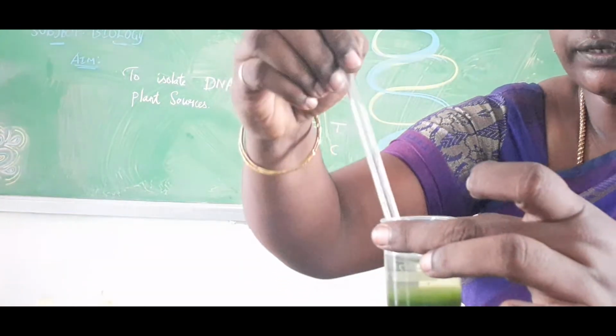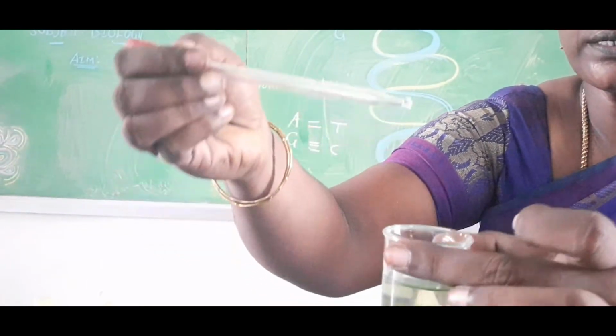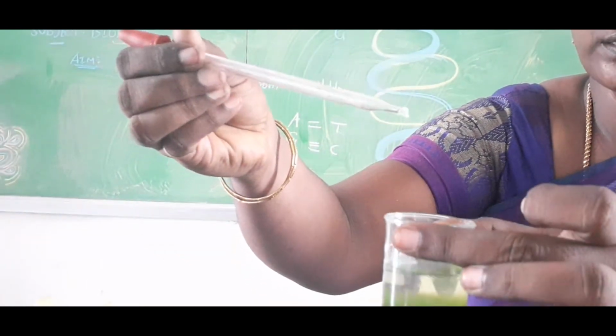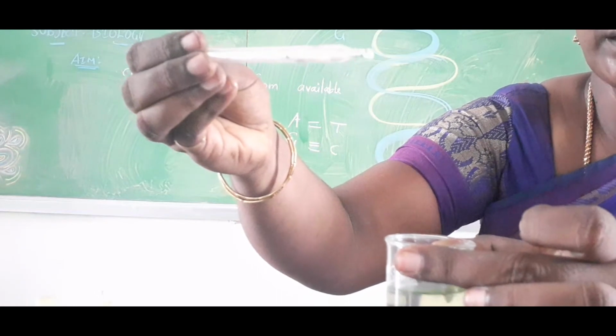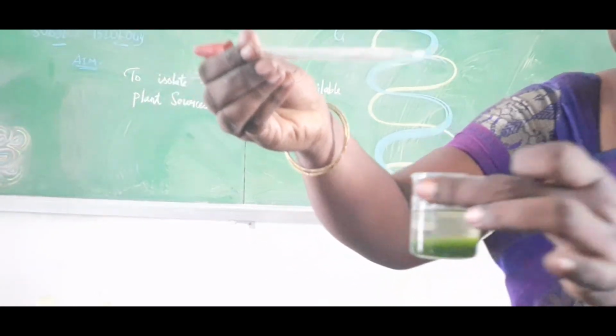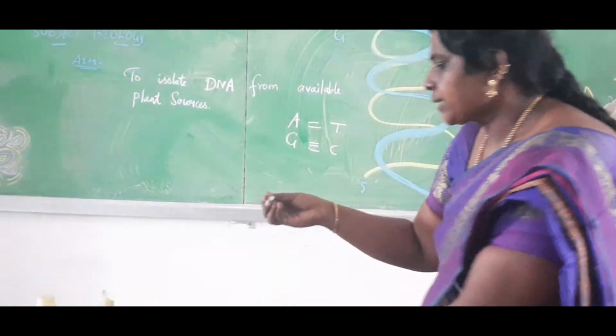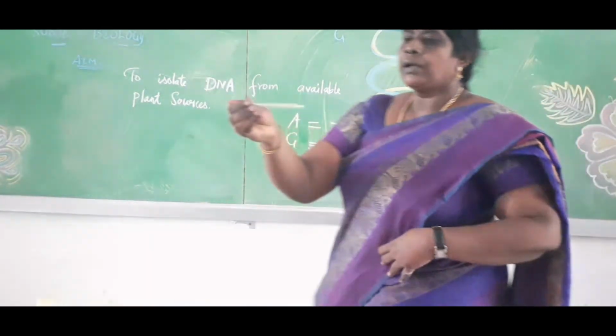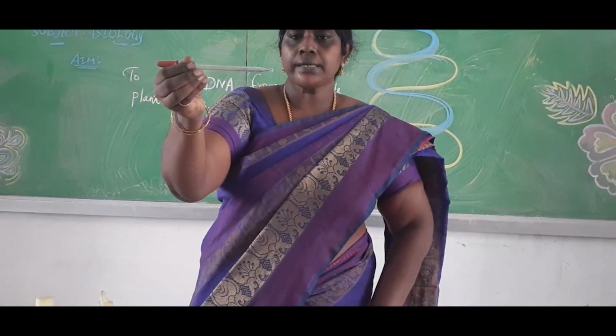See, the white material which comes out from the cell. Actually, it is DNA. After this process, we take the spooling or walking genes. I said it is a genetic element.